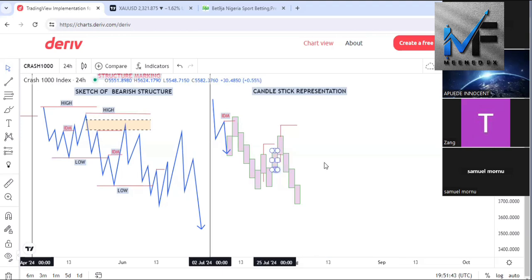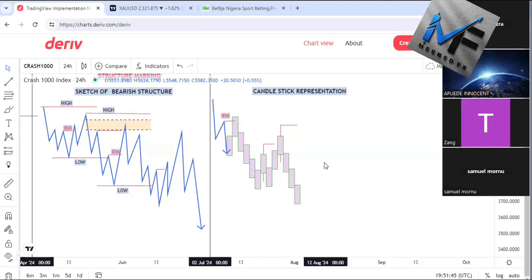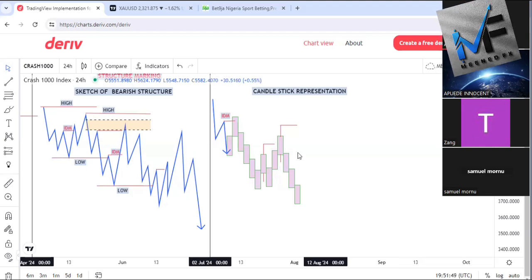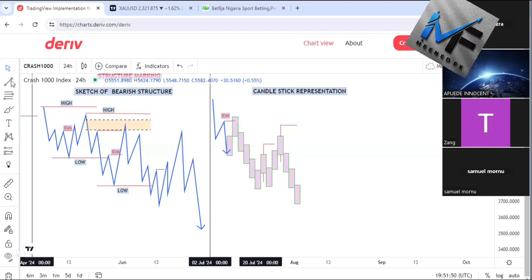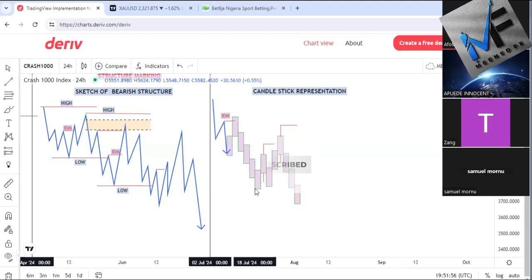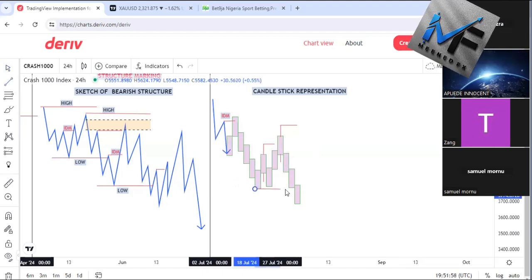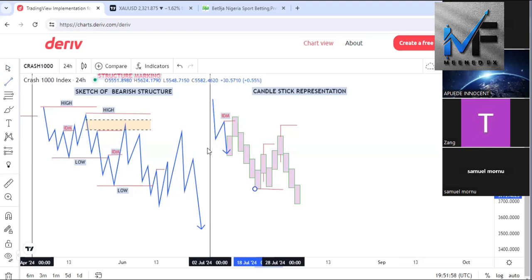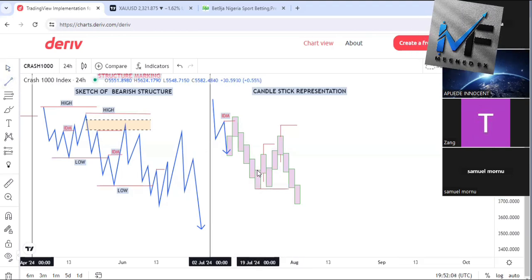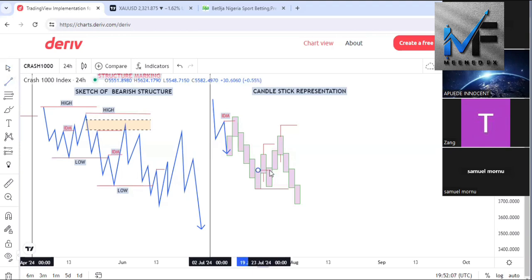Just as they say, it's the second one that is a valid pullback because it took out the previous low. But the first one did not take this out. So that's the low of the lowest candle, and this is the high of the lowest candle.